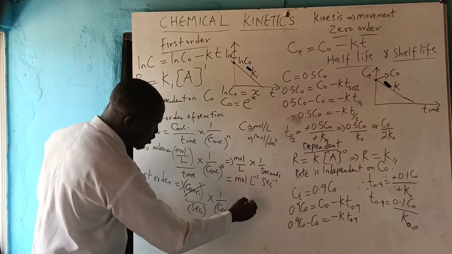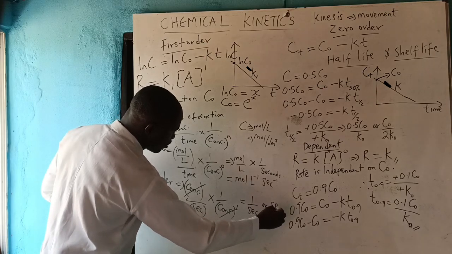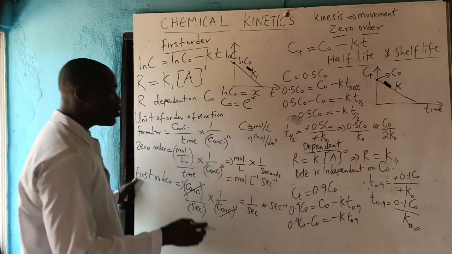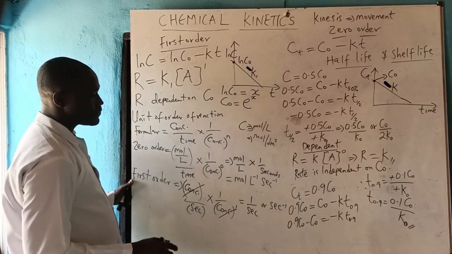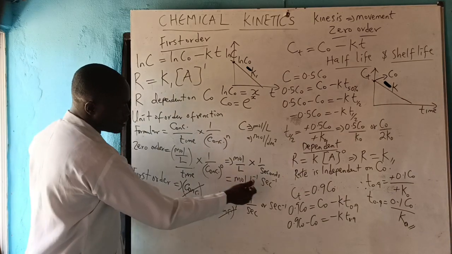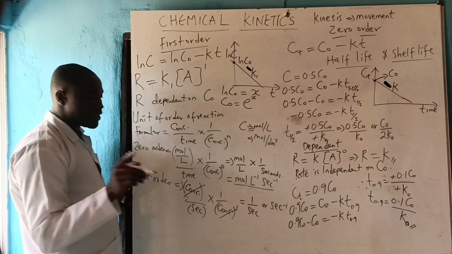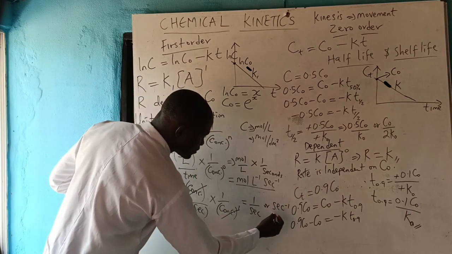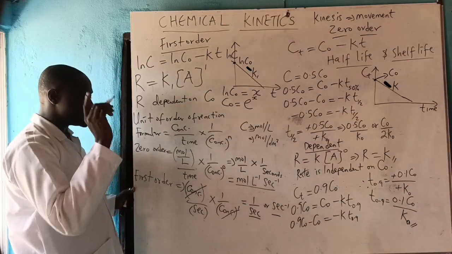That will be giving me 1 over second or per second. So when a unit of k is constant, when a unit of this k is this, know that we are talking about zero order. When a unit of this k is this or this, know we are talking about first order.